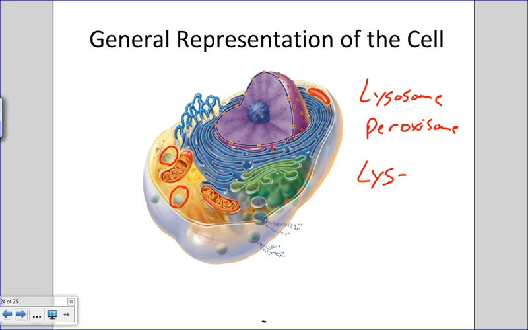LYS in medical terminology, think of that as to break. Think of lyse as to break. So if we're talking about lysosomes, these are little pouches or packets that contain digestive enzymes. Basically what these lysosomes do is that these enzymes break apart organic materials.